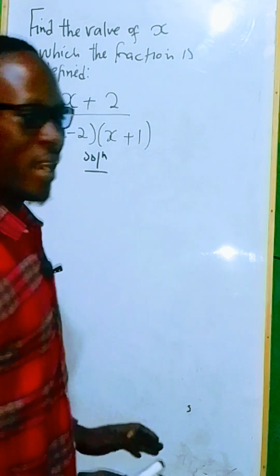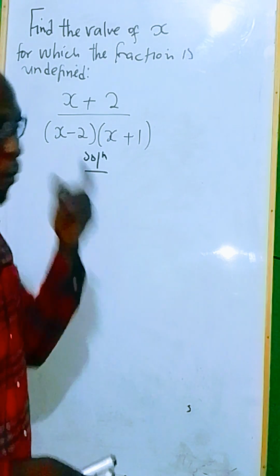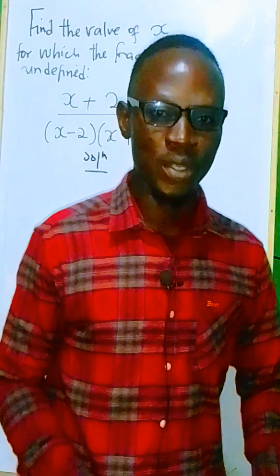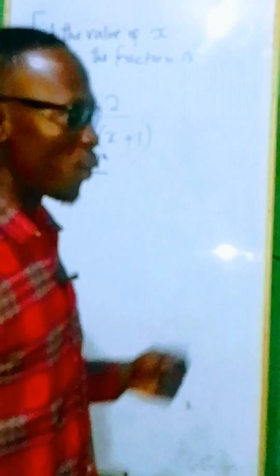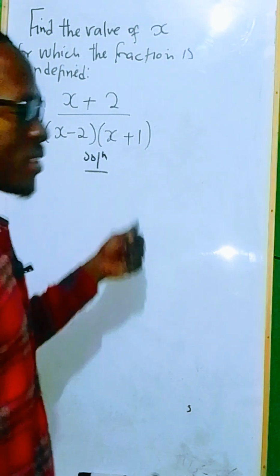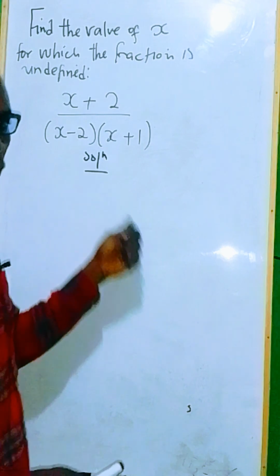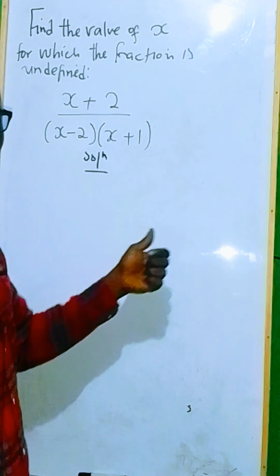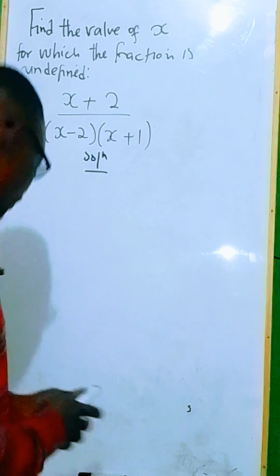So we are being asked to find the value of x for which this entire fraction is undefined. And for us to do so, we have to equate the denominator to 0. When we do so, we'll be able to get the value of x respectively.